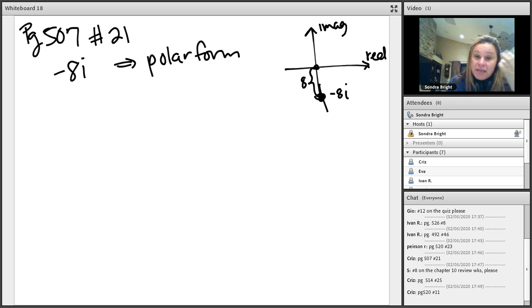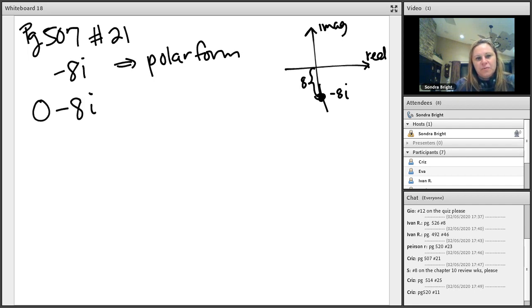So that's why I keep saying, spoiler alert, your r is going to be 8, and then this time your theta, because it's a negative imaginary, is going to be 3 pi over 2. But I'll show you how it works. First let me say, negative 8i is truly 0 minus 8i.